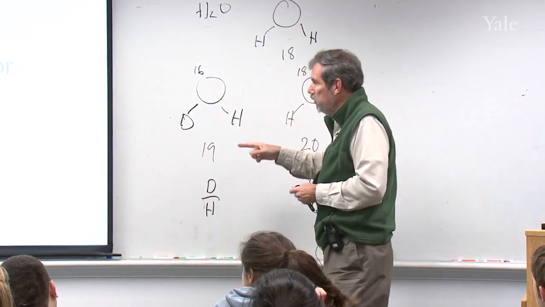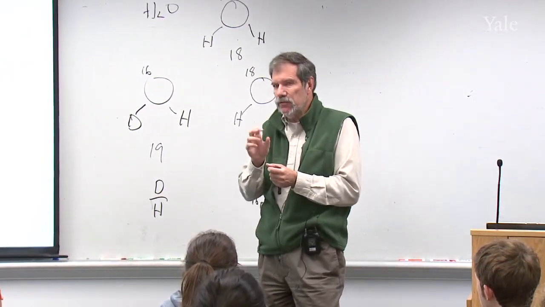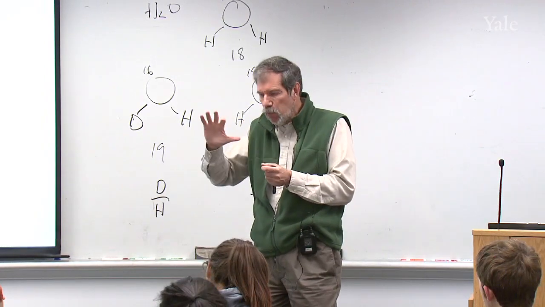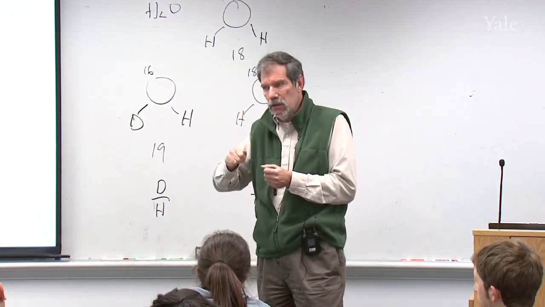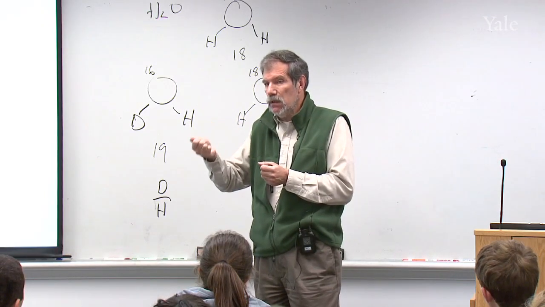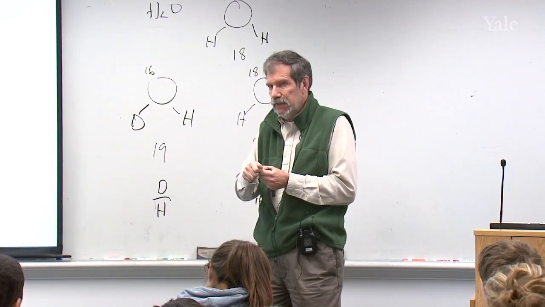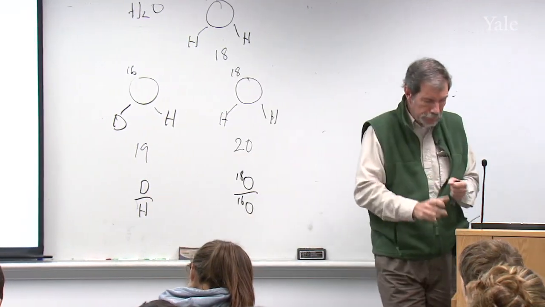That's what's going on when you're evaporating or condensing water. You're changing the ratio of peanuts to cashews by the way you're doing that thermodynamic transformation, vapor to liquid or liquid back to vapor. That's what we're going to be tracking today.